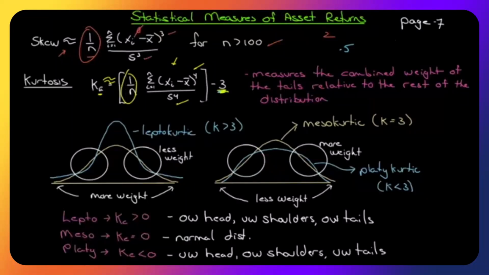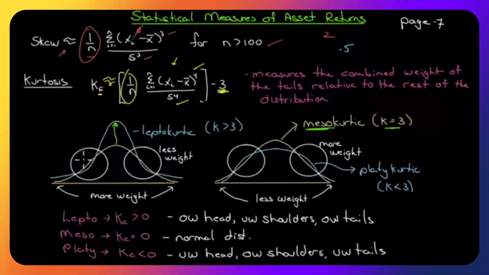Let's talk about different types of distributions and the type of kurtosis or excess kurtosis we'd expect to see. A leptokurtic distribution and a platykurtic distribution. The normal distribution is mesokurtic, has a kurtosis of 3. Leptokurtic has a much higher distribution around the mean, many more observations around the mean.